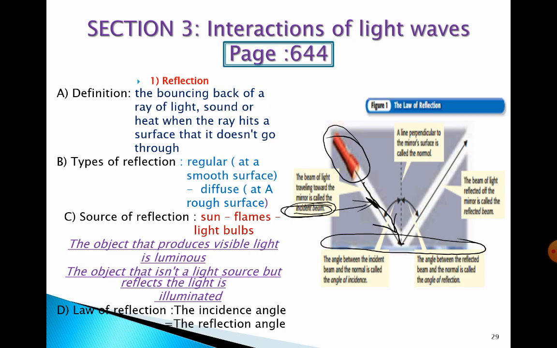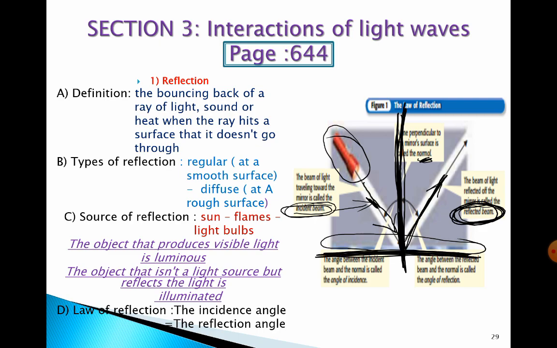The beam of light reflected off the mirror is called the reflected beam. Here I have a line called the normal. This normal on a mirror makes a right angle with the mirror.